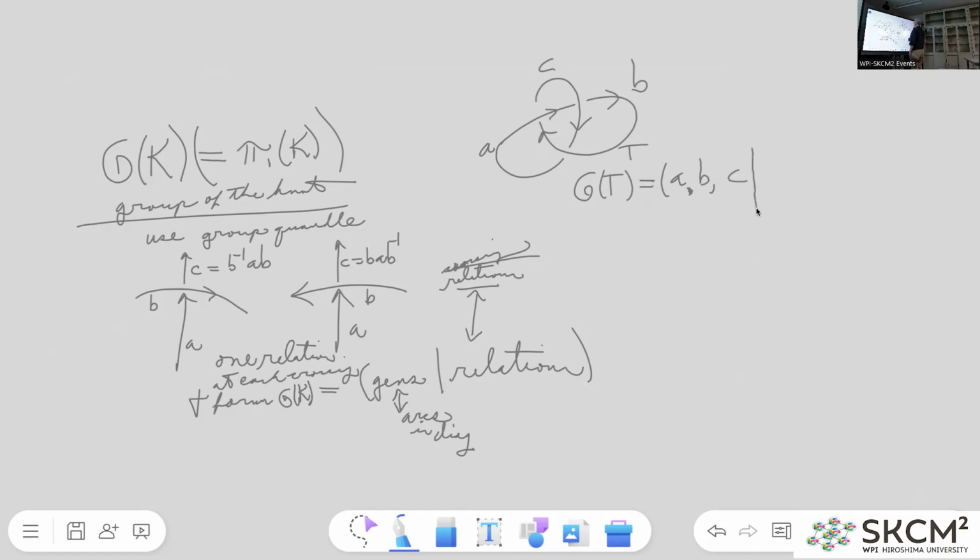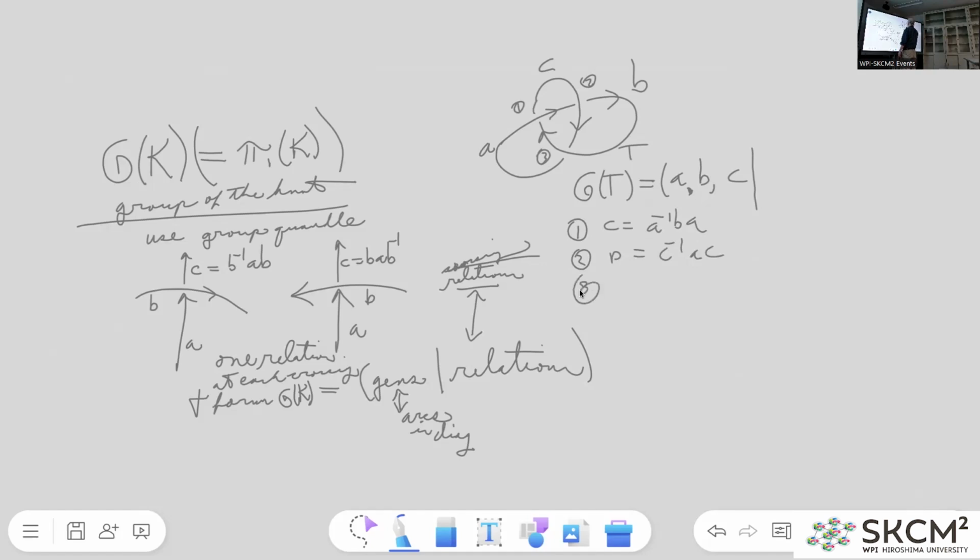And then the relations are, well, let's see. From crossing number 1, I'll get a relation. From crossing number 2, I'll get a relation. From crossing number 3. From crossing number 1, I get that C is equal to A inverse BA, right? This is the operand one, and that's the one that came in. From crossing number 2, I got that B is equal to C inverse AC.